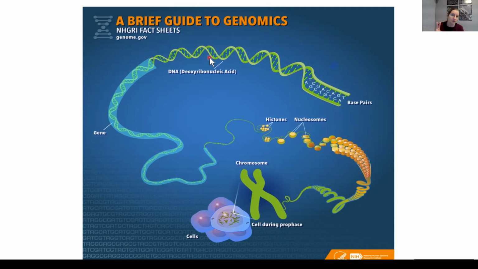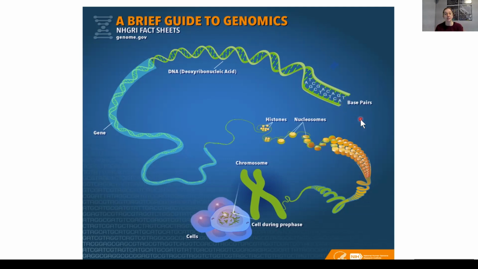So double being 2 strands, and helix because that's like a spiral staircase shape. So each one of those A's and T's on the little green bar and this bit of the strip up the side is a nucleotide. So this is 1 nucleotide, 2 nucleotides, 3 nucleotides, and you can see that the base pairs are hydrogen bound together as expected. The C's and G's are together and the A's and T's are together.